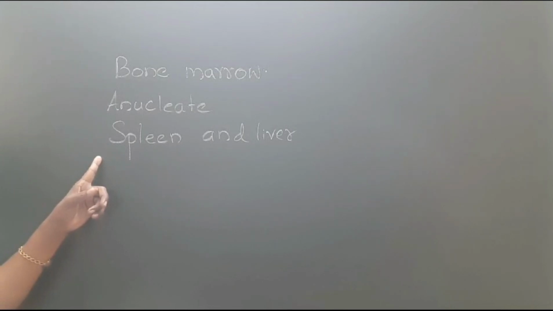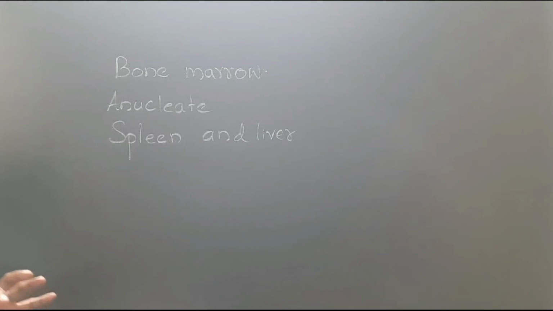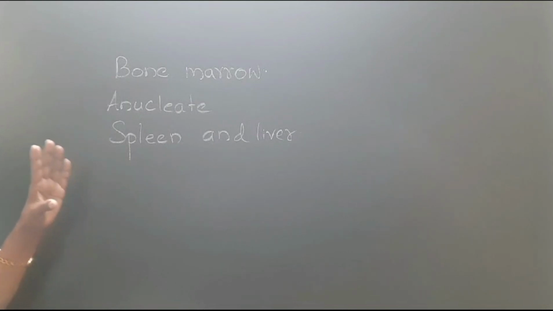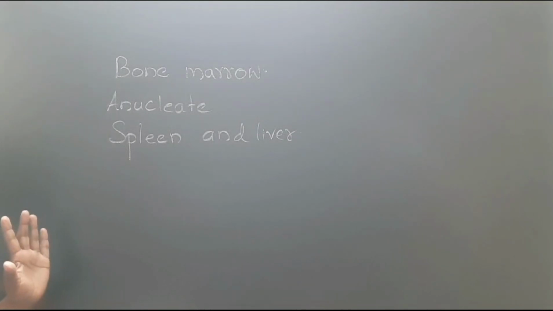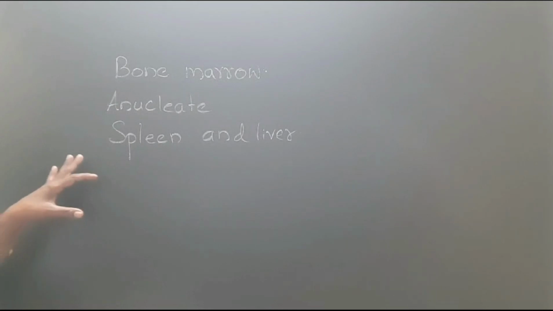After 9 or 10 days, the platelets get destroyed in the spleen and liver if they have not been used for hemostasis. What is hemostasis? Clotting or stopping bleeding. If these platelets are not used, then they are destroyed in the spleen and liver.